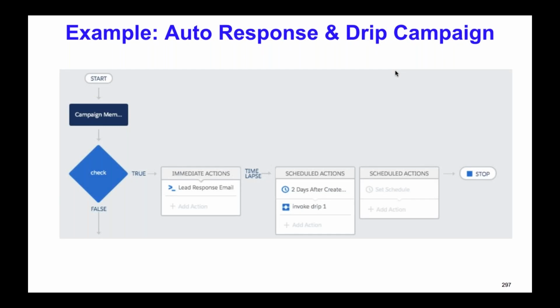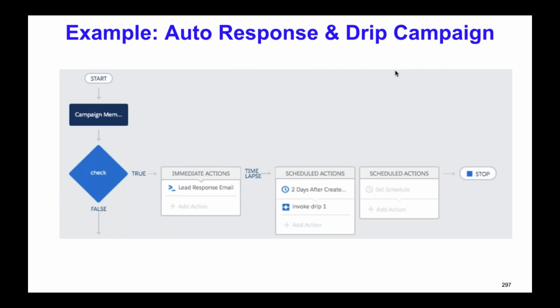And here in this example, again, this is a process that's running on campaign member. We will have certain criteria, and if it meets the criteria, then you're going to take an immediate action, that is sending a lead response email, and then you can take a scheduled action.